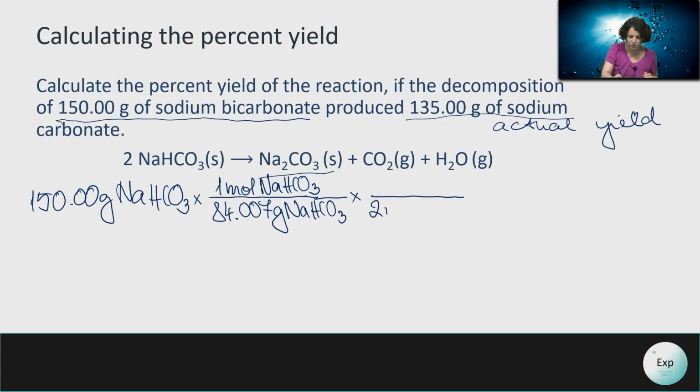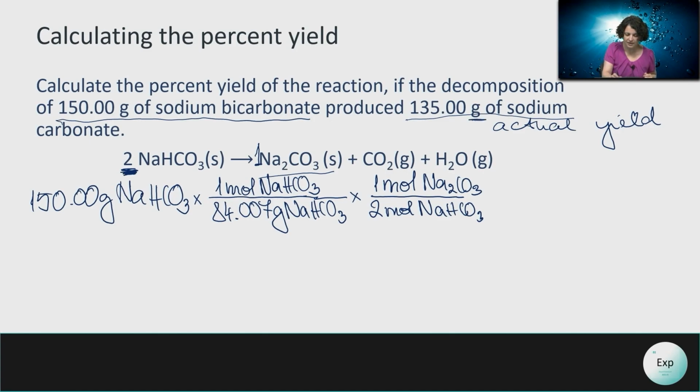For every 2 moles of sodium bicarbonate that is consumed, or in this case decomposed, and we know that because there is a 2 in front of the sodium bicarbonate, we will have made 1 mole of sodium carbonate.